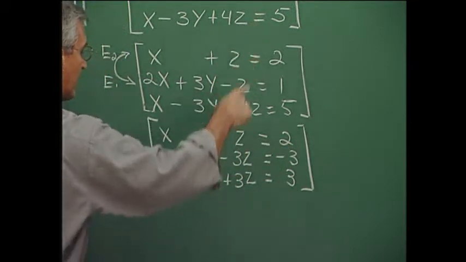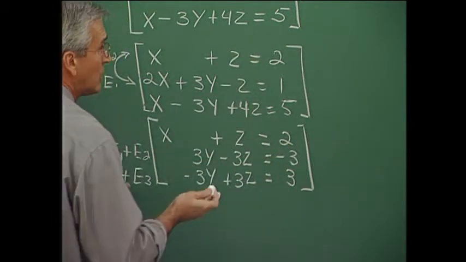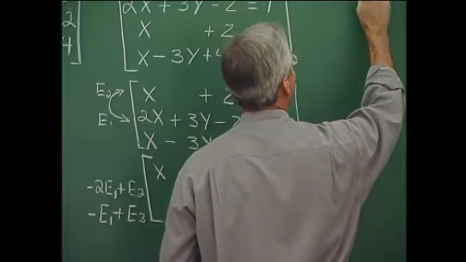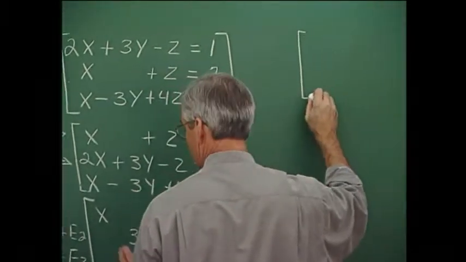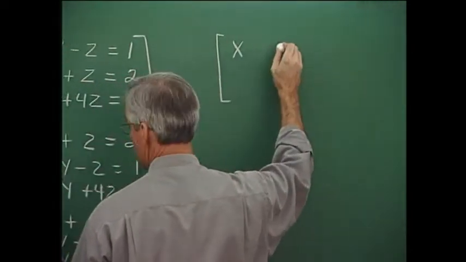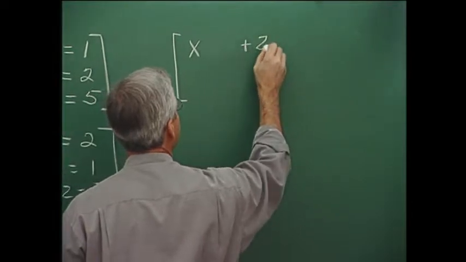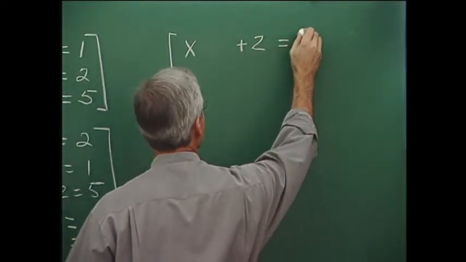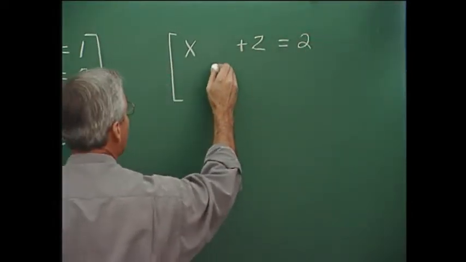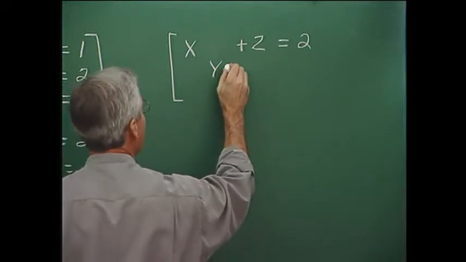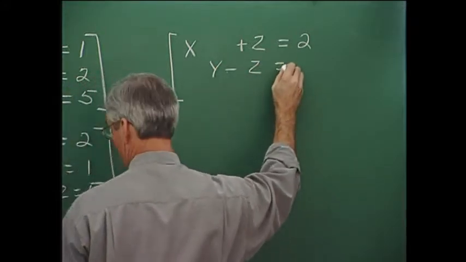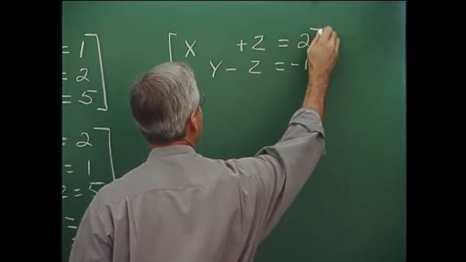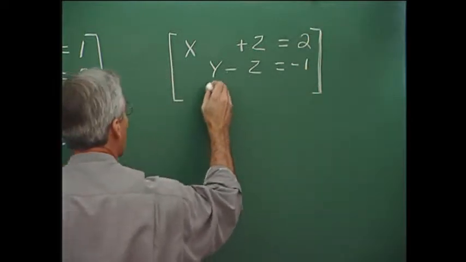So I'm going to do that up here, and then I'll just bring down equation 3. So this next item is fairly easy. Okay, first equation is fine. Dividing through on this one, we have y minus z equals negative 1, as we said, and we bring down the last equation.